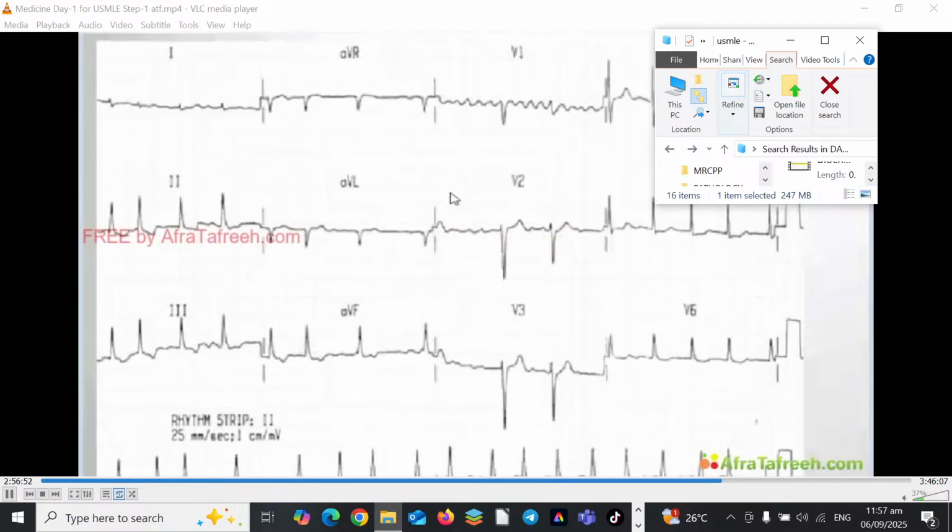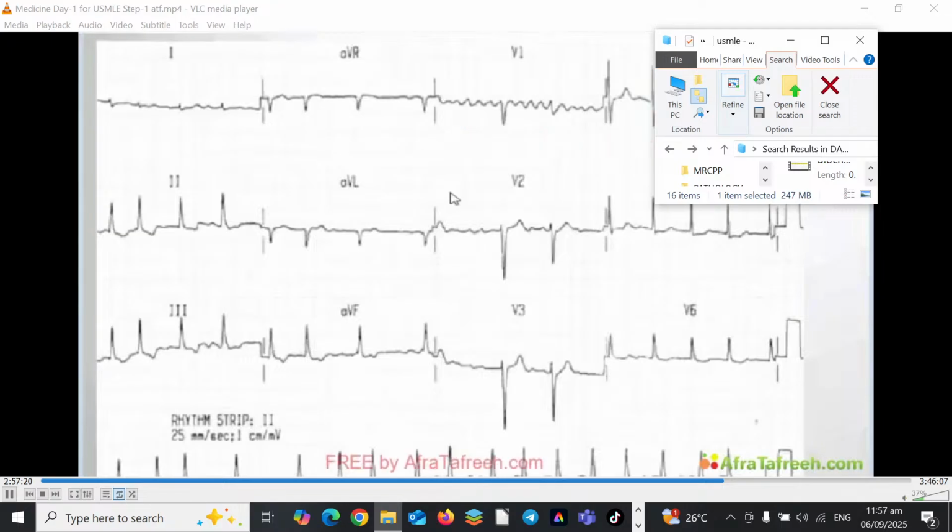Normal axis. What is the rate? Tachy. Is it regular?